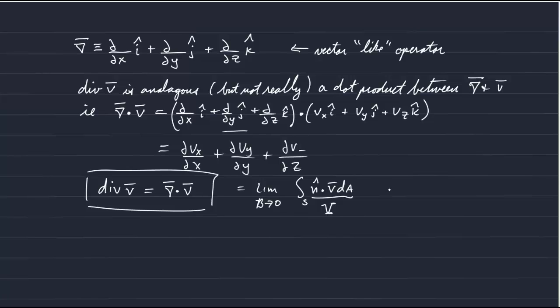And so the question we're going to address now is, why does divergence as defined by del dotted with V equal this? So let's go back to the concept of our control volume around our point P and integrating over the whole surface of that control volume.